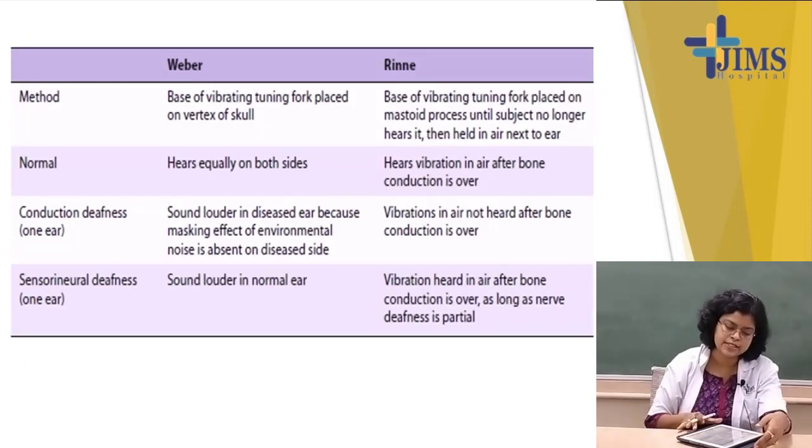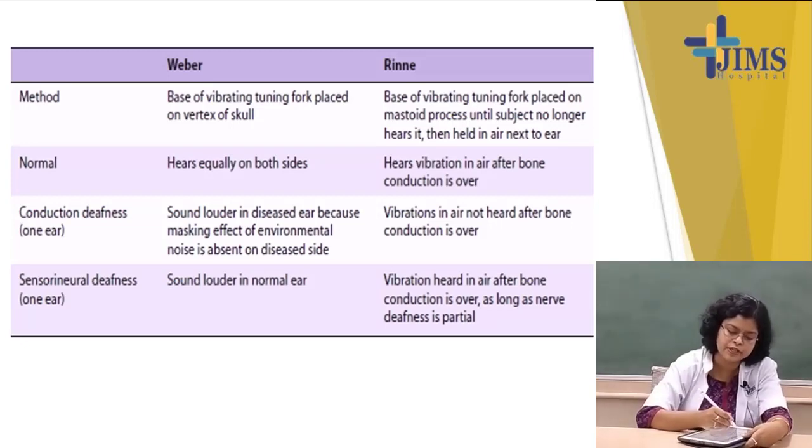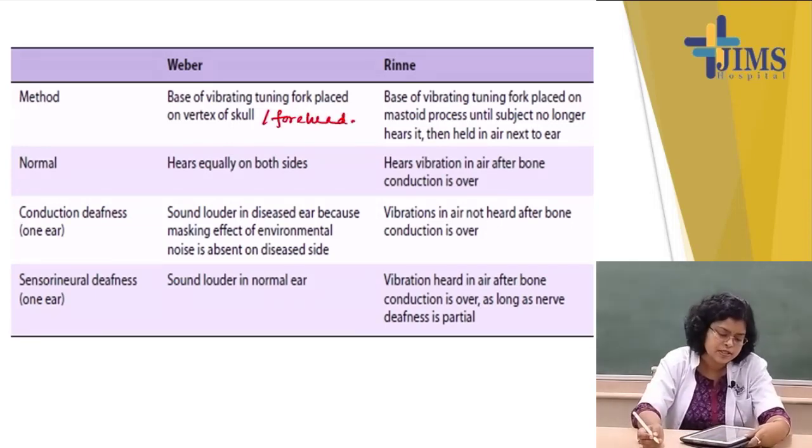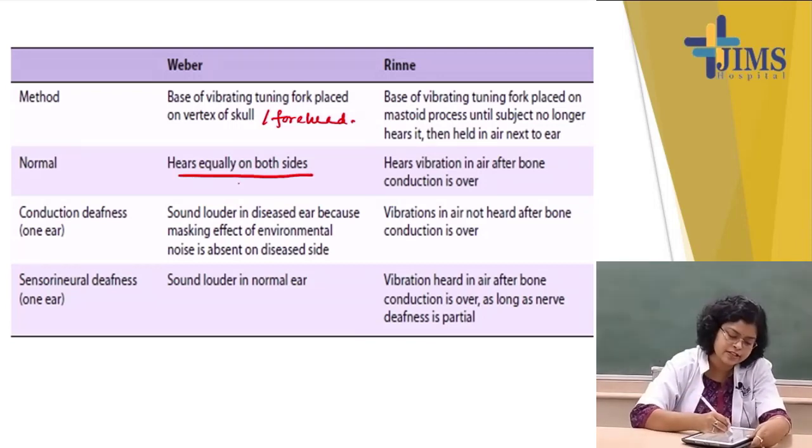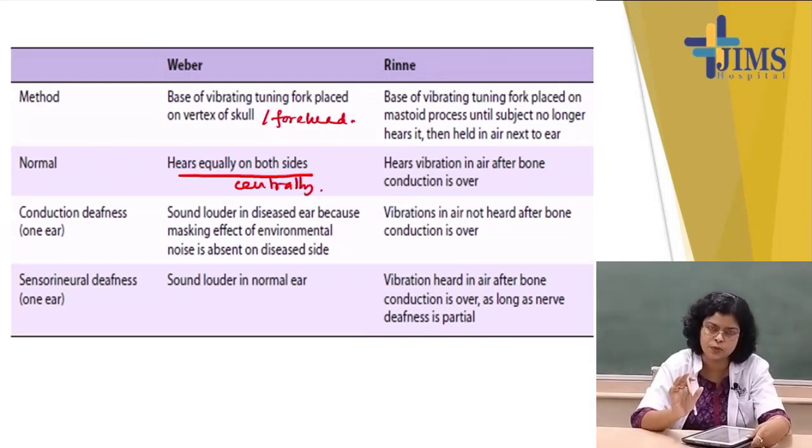So it is said that the base of the vibrating tuning fork is placed over the vertex of the skull or forehead. We go for forehead. Okay. Now normally the subject will hear equally on both sides or centrally. He will tell it is centrally located.